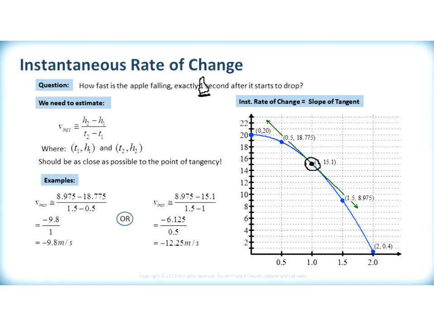The one that we use in our examples here is this point down here, 1.5, and then this point up here, and we draw the secant that would connect those 2 points, and we say that its slope should be fairly close to the slope of the green line, so we use that as an estimate.